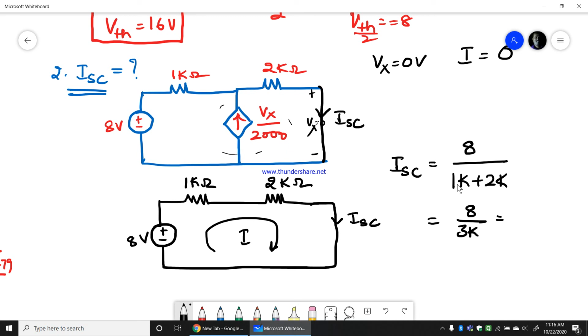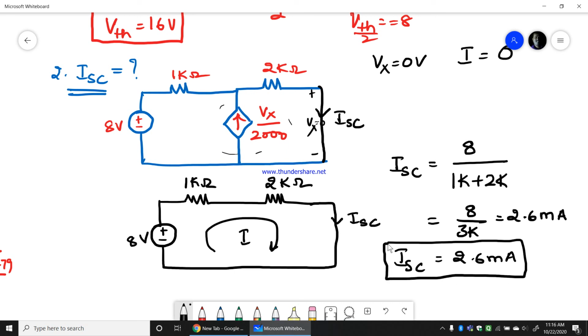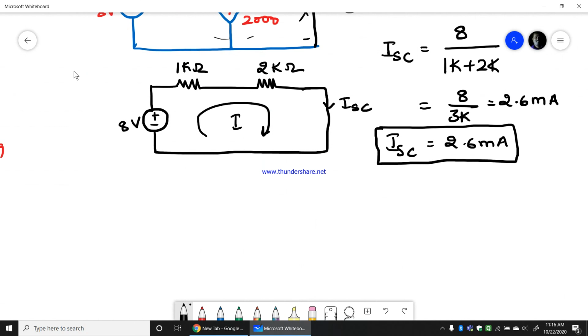We get 2.6 milliamps. Okay, ISC would be equal to 2.6 milliamps. Now the third step is to find out what is ZTH, or Zn.